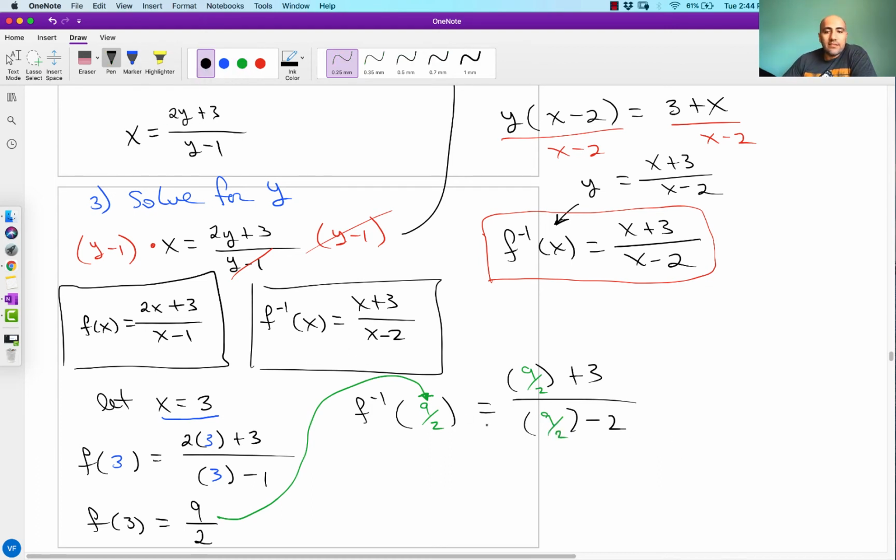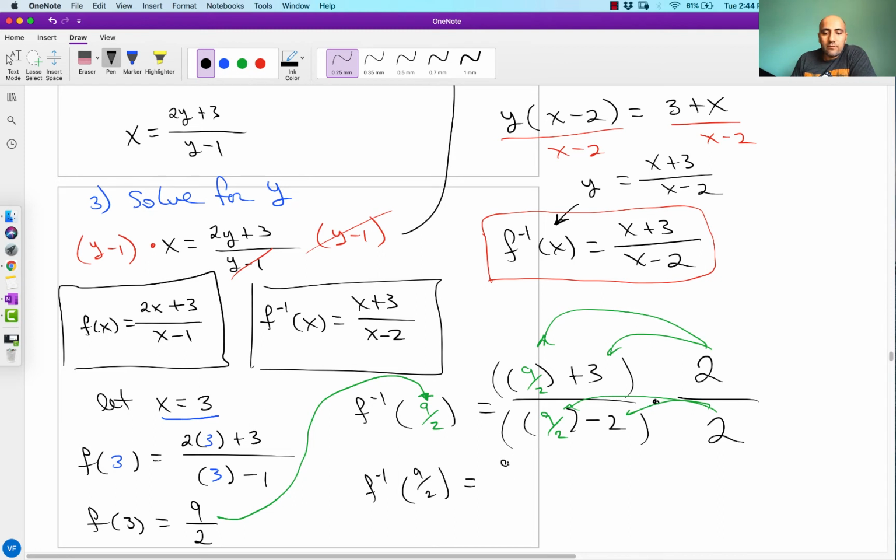Okay, to simplify this, we're going to multiply the numerator and denominator by a giant 2, which needs to be distributed. That multiplies to this, this, this, and this. So we get that f inverse of 9 over 2 is equal to a fraction where the numerator has a 9 plus a 6, and the denominator has a 9 minus a 4, which leads to 15 divided by 5, which equals 3.